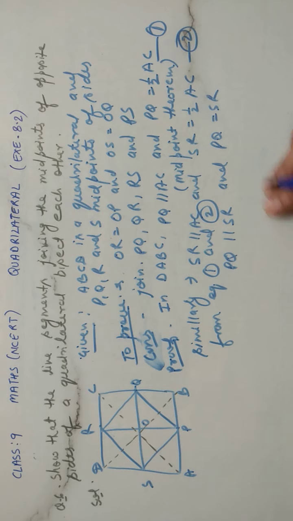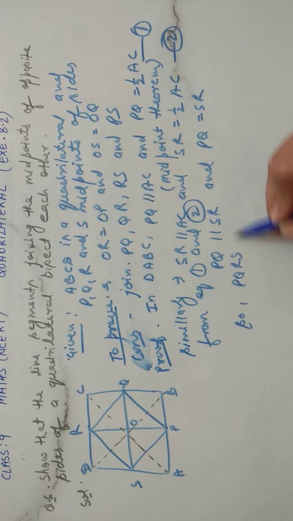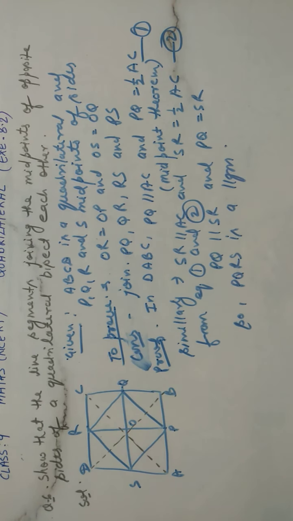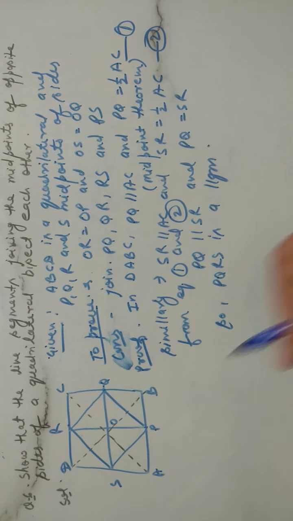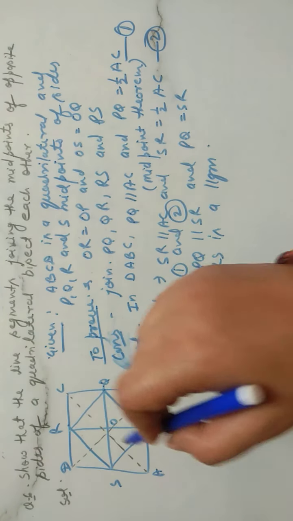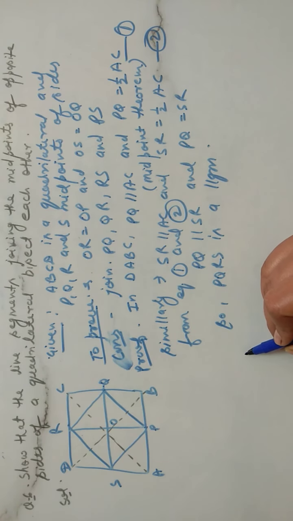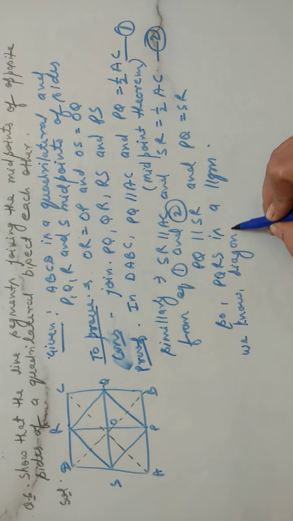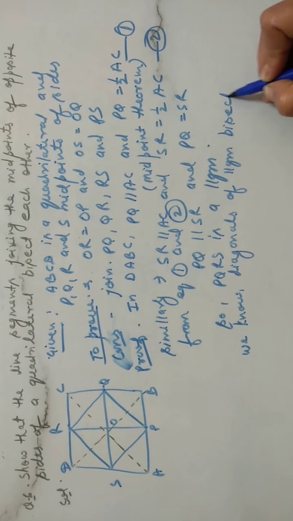Now have a look carefully. PQ is parallel to SR as well as PQ equal to SR. So you can say that PQRS is a parallelogram. Once PQRS is a parallelogram, we know the diagonals of a parallelogram bisect each other.